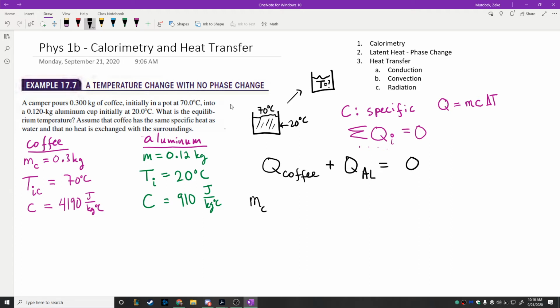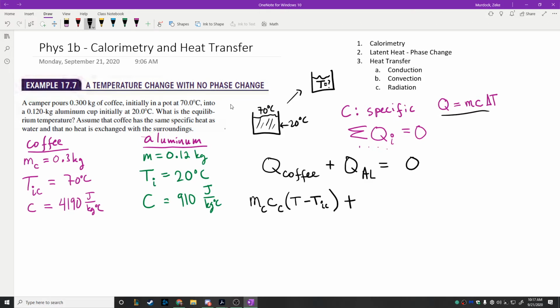So you have mass of coffee times specific heat of coffee times delta T for the coffee. And what is delta T? We can write it as whatever the final temperature of our system is, which I'm just going to call T, minus the initial temperature of the coffee. That is the whole equation for the coffee.